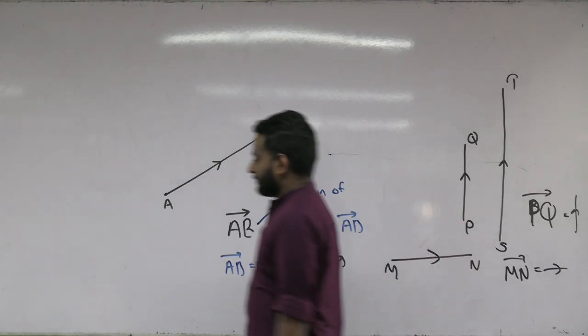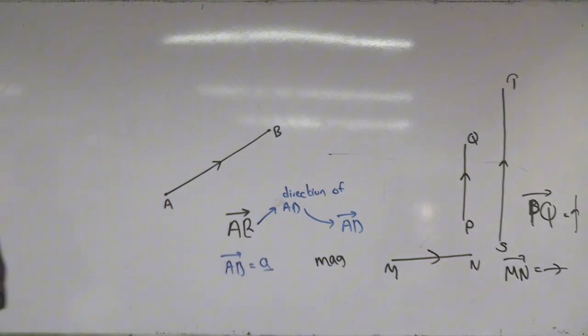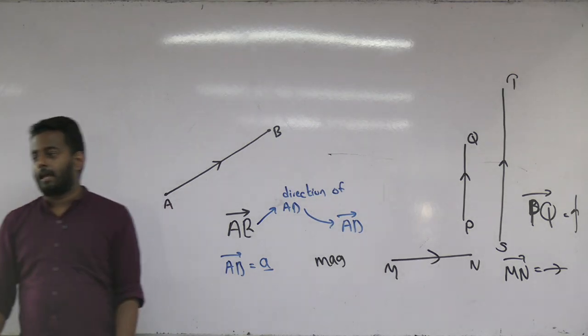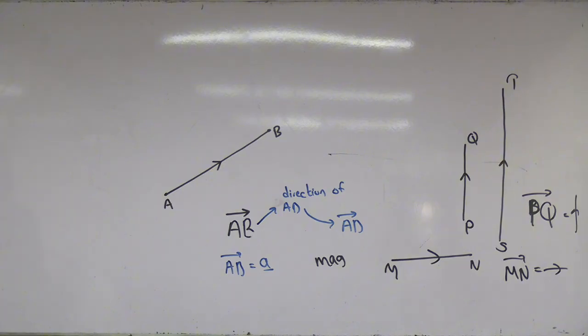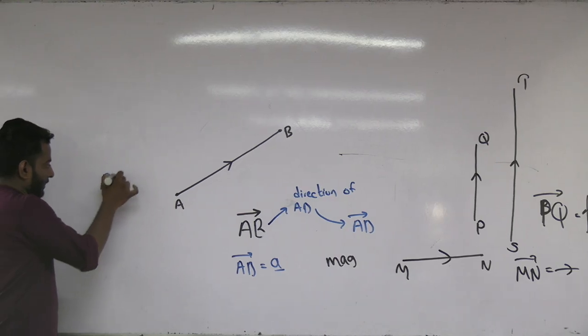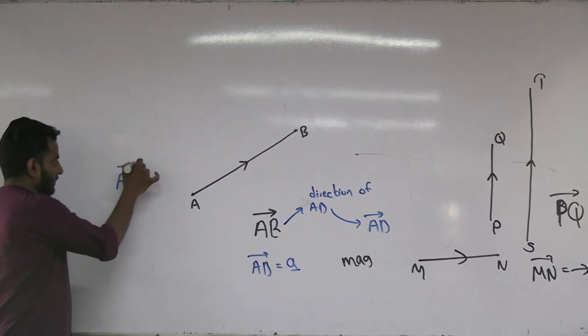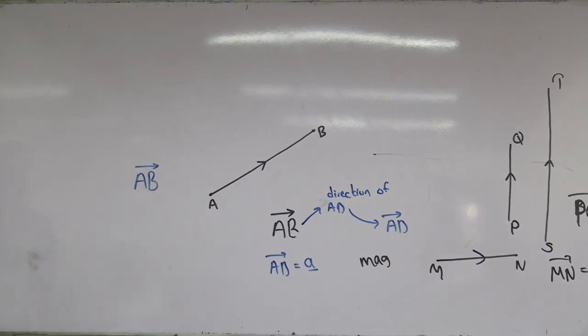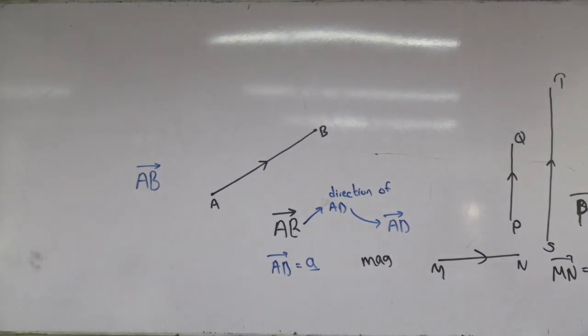Okay, so below that you can write: the direction of the line AB represents the direction of the vector AB. So just write AB in the vector form.